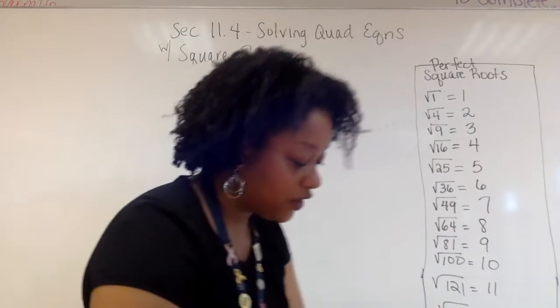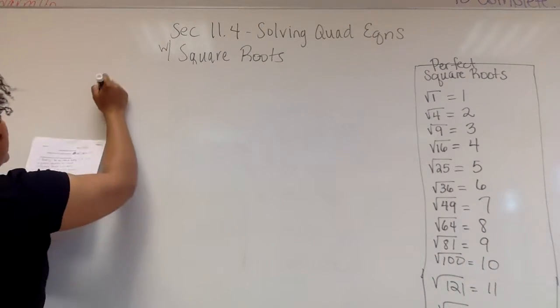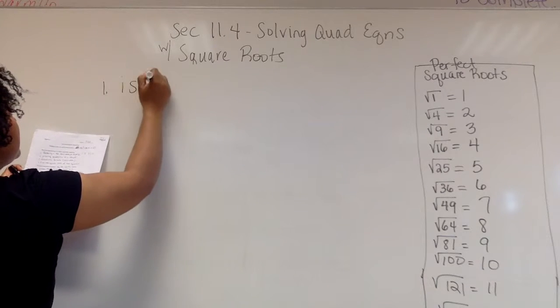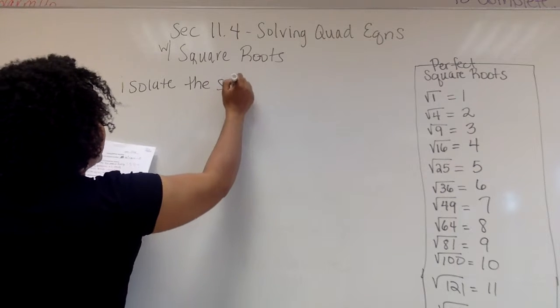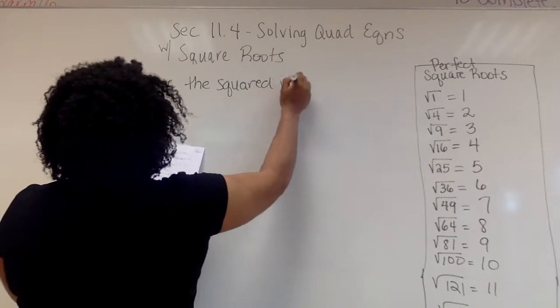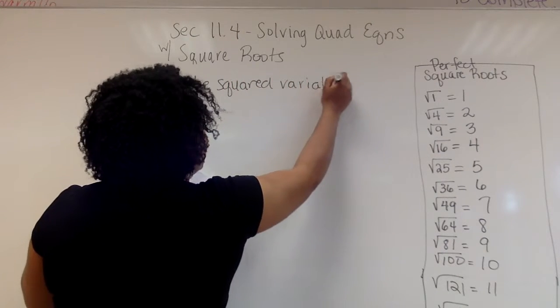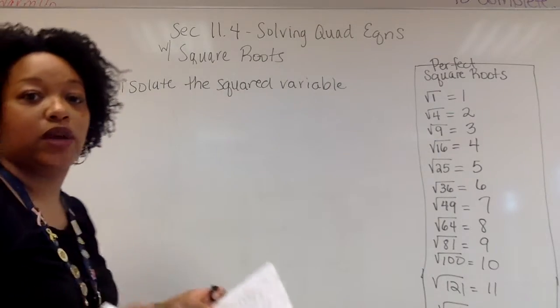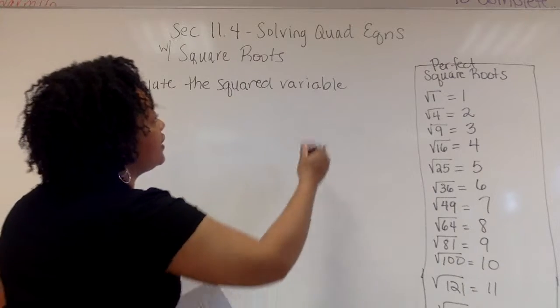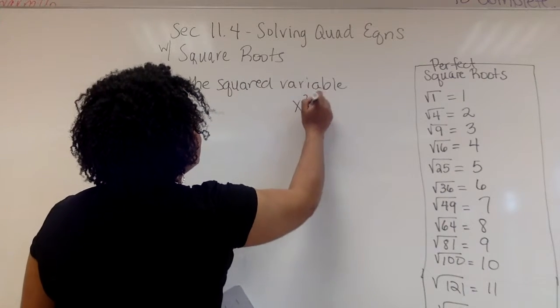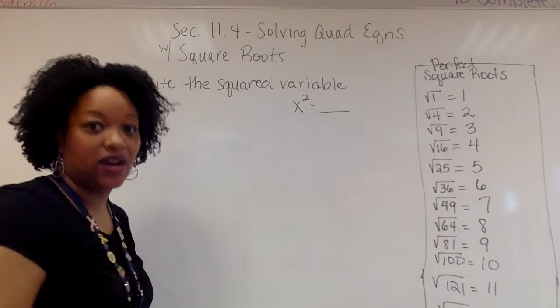So first thing you're going to do is you have to isolate the squared variable. Okay, so if it's x squared, t squared, p squared, you've got to get that all by itself. So what that means is we're going to have x squared is equal to something on the other side.